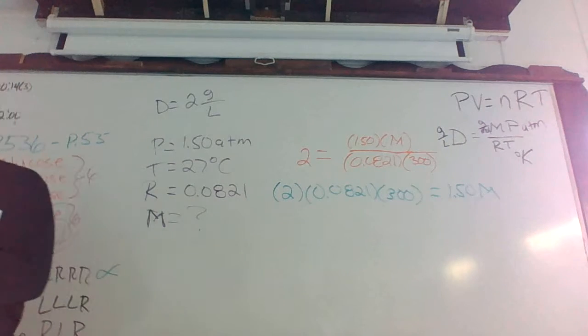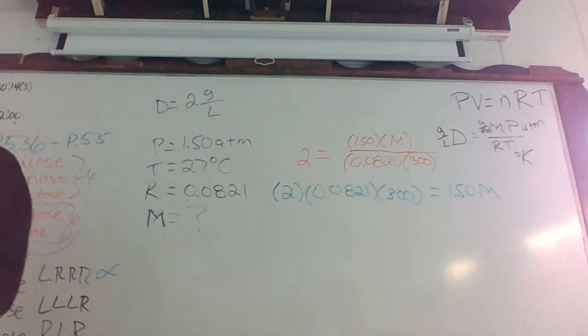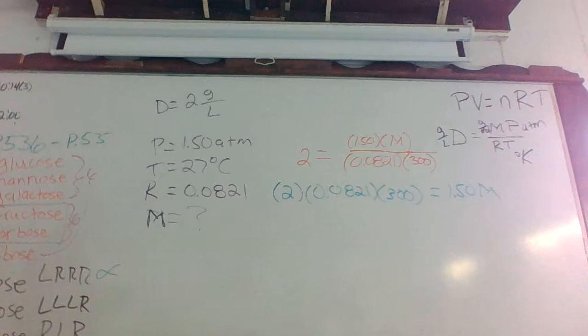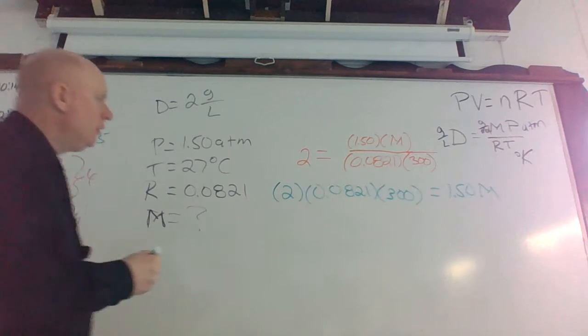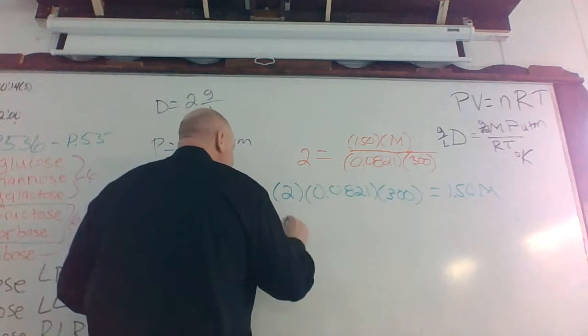So then, go ahead and multiply those out, which would mean 600 times 0.0821. And if we divide that by 1.5, the molar mass equals what?